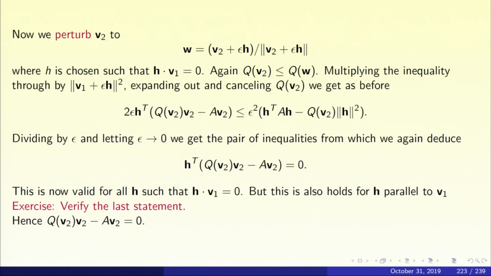And so the last displayed equation is going to be true for all H. And so again we can conclude Q of V2 times V2 minus A V2 is 0. Again we see that Q of V2 is an eigenvalue and V2 is the corresponding eigenvector. So we have proved that the next iterate of minimizing over the proper subset S gives the next eigenvalue.